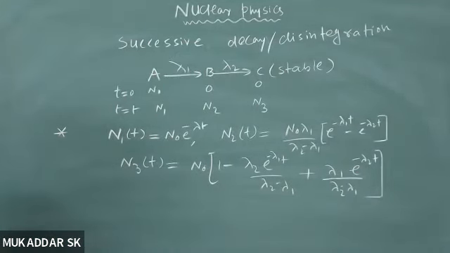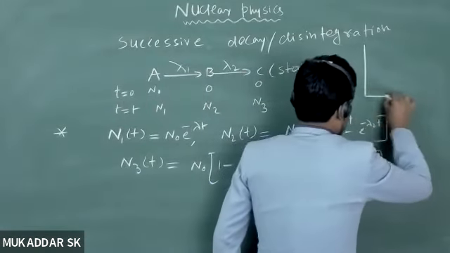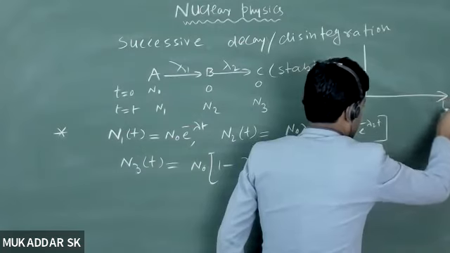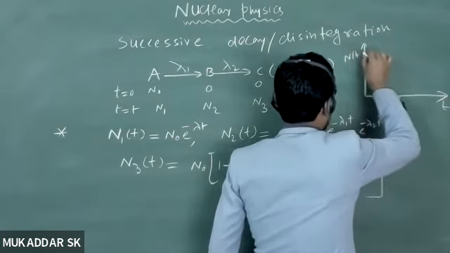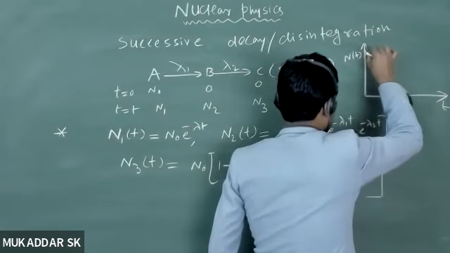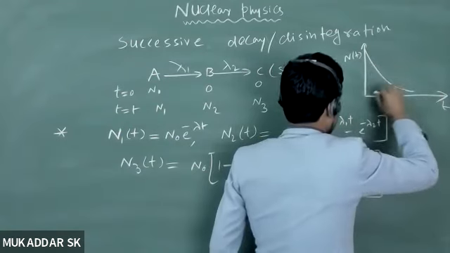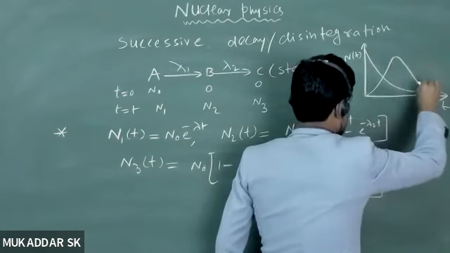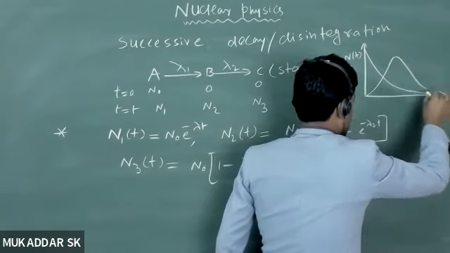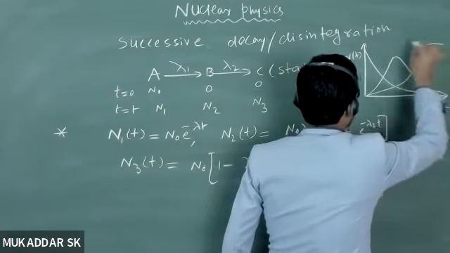And we have also plotted the population of nuclei as a function of time, N(t). That behavior was like this is the nature of N1, the nature of N2 was like this, and the nature of N3 is like this.